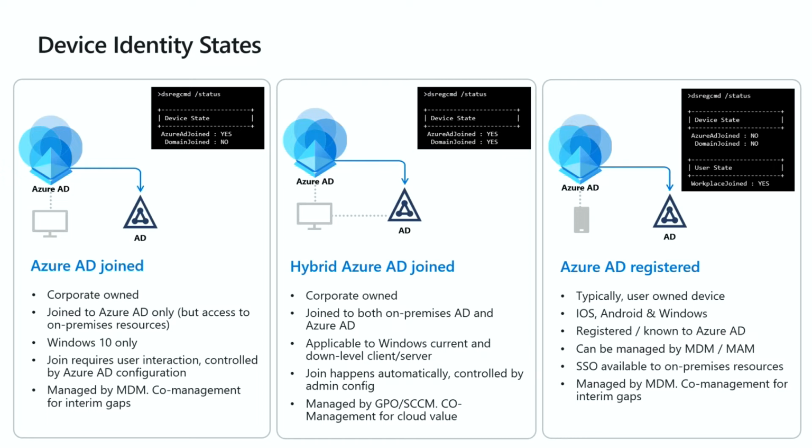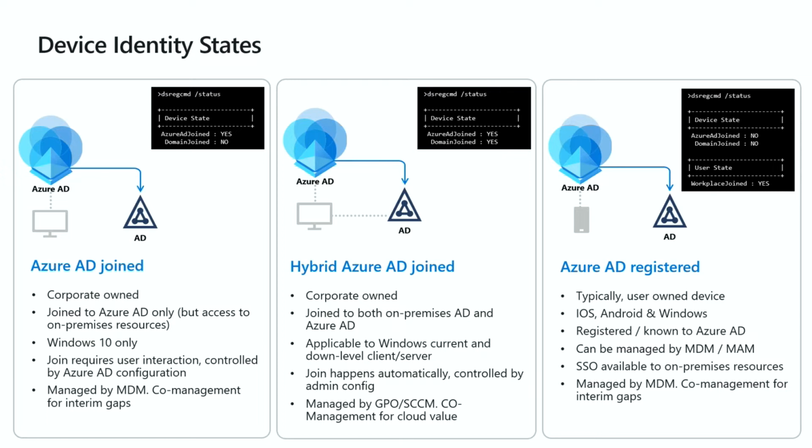They can type in their work email or their school email address and their credentials to join that device into the tenant. And then these devices are managed by MDM. And if you're leveraging co-management, like I mentioned earlier, we can use co-management to bridge that gap between on-premises and the cloud if you're in that hybrid state before transitioning everything over to Azure AD.